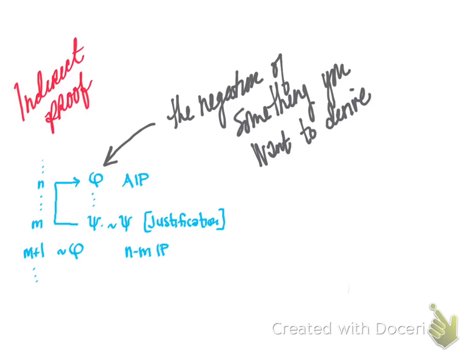Okay, so once you have started a subproof and you've chosen your AIP, then your goal is to work your way to deriving an explicit contradiction. And that's important, that this is an explicit contradiction.